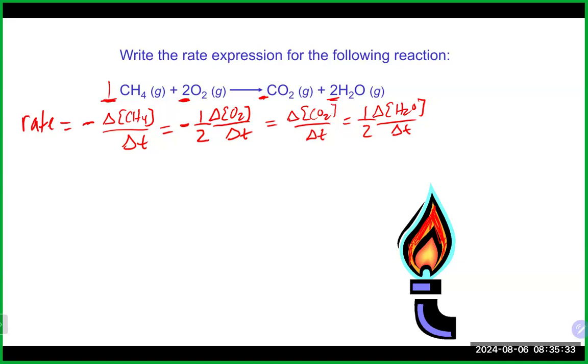In certain cases, if you wanted to, you could just do a stoichiometry problem, a multiple relationship, and then do the kinetics part separately. But if you take 1 over the coefficient, it combines all the calculations together, and you don't have to do two separate things. Any questions on that there?